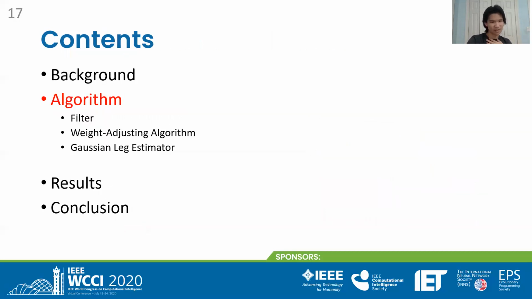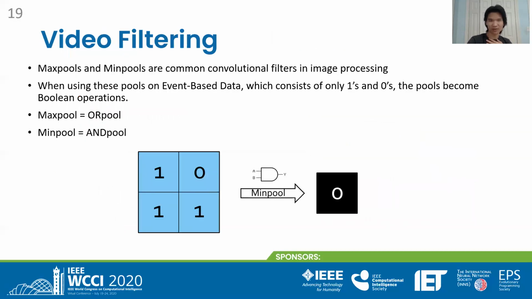So the algorithm itself, first, I want to touch on the filter, the event-based filter. Here we only use min pools and max pools. And the event-based vision, like I mentioned earlier, is all binary. It's a binary stream. So that means it only consists of 1s and 0s. And when you have just 1s and 0s, your min pools and max pools become AND pools and OR pools.